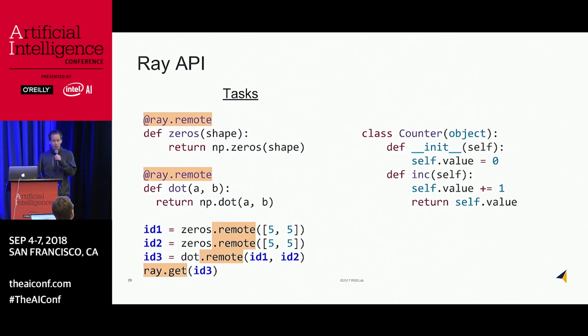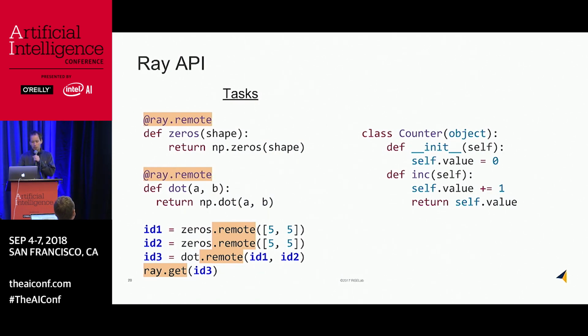One thing we found while working on Ray is that we started off with just a task-based system, but that turned out not to be enough. For a lot of the workloads, you need to support mutable state. For that, we introduced the actor abstraction. You can use this to support things like stateful simulators for reinforcement learning, parameter servers, serving systems, and other things.